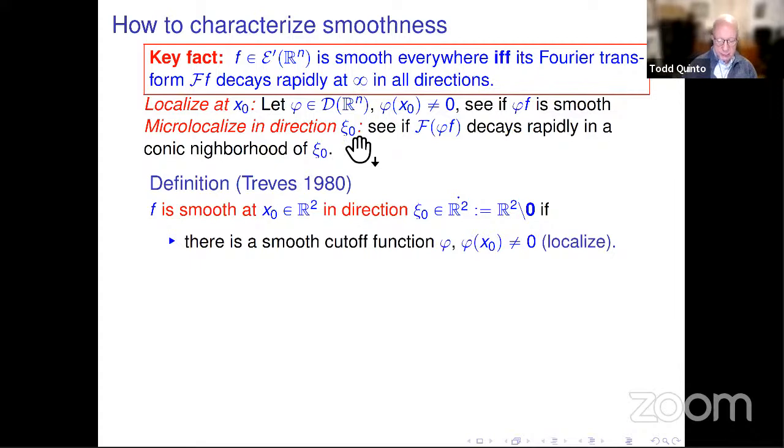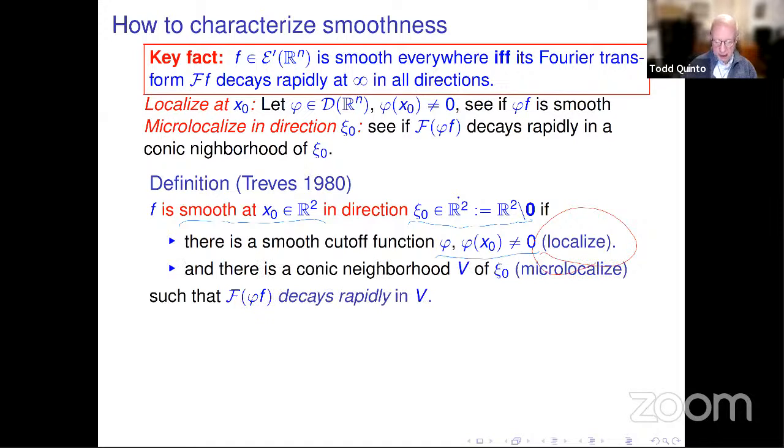I'm going to say that f is smooth at a point in a direction if there's a smooth cutoff function, that is, we're going to localize, and there's a conic neighborhood V of c0, and this is the microlocalization, such that the localized Fourier transform decays rapidly in this.